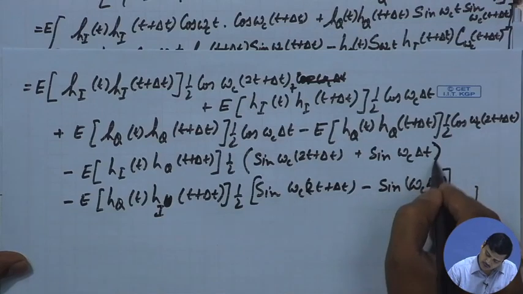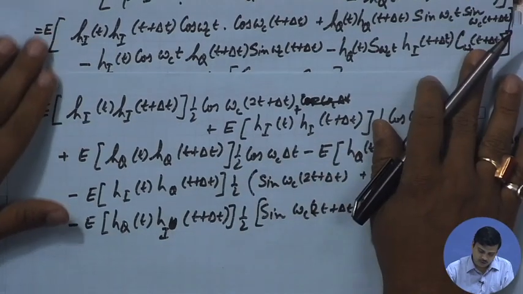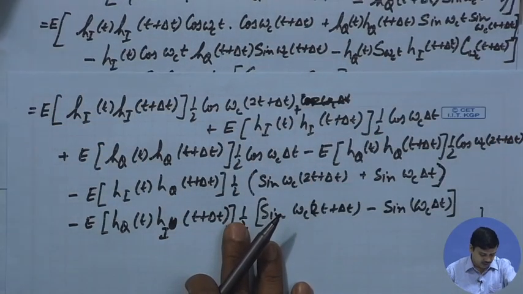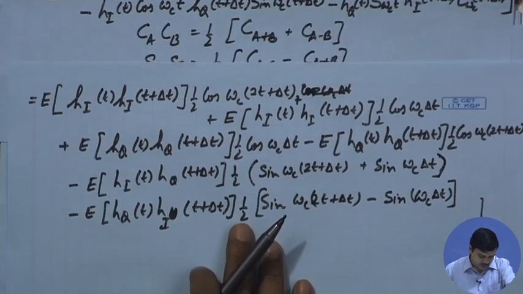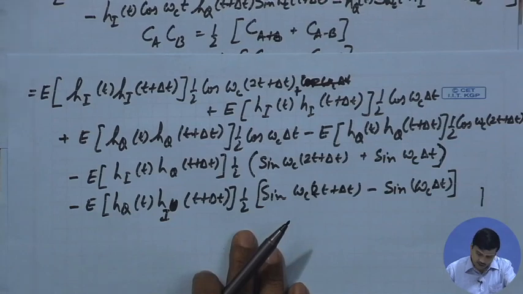So with this we have been able to capture all the components of the product of this particular line. They would open up into these, and then we could collect all the terms which are together.